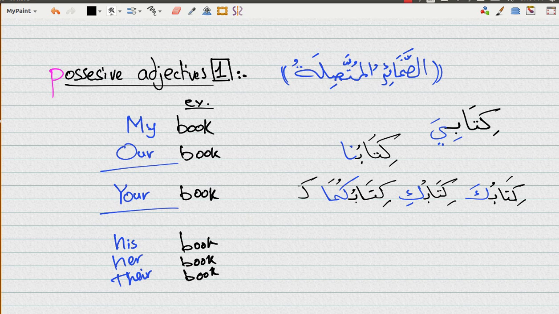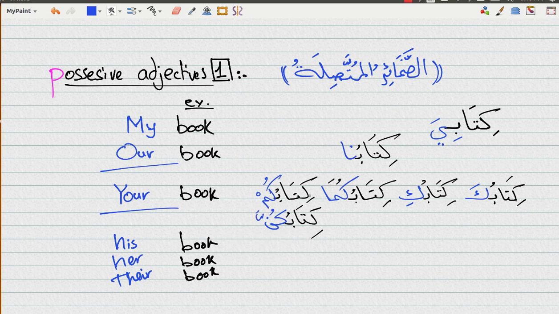Three or more, depending on their gender, I'd say either kitabukum or kitabukun. كتابي كتابنا كتابك كتابك كتابكما كتابكم كتابكن.